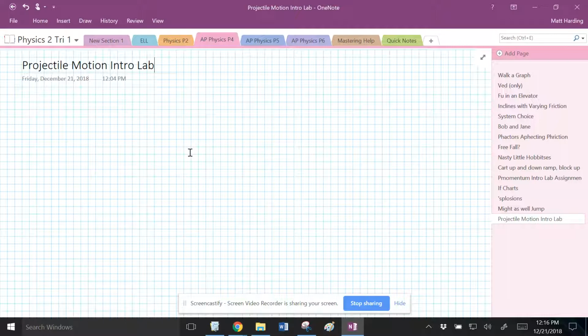Things we're noticing. Let's see here. All right, what are our friends saying here? Accelerations are negative, constant mostly.